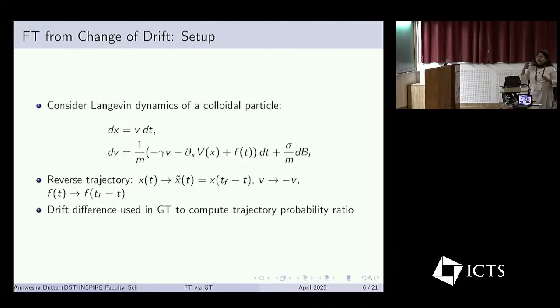Here we are going to apply the same Girsanov theorem, where we had two different stochastic processes. Our two stochastic processes are the forward trajectory process and the reverse trajectory process, and we want to calculate the drift change.